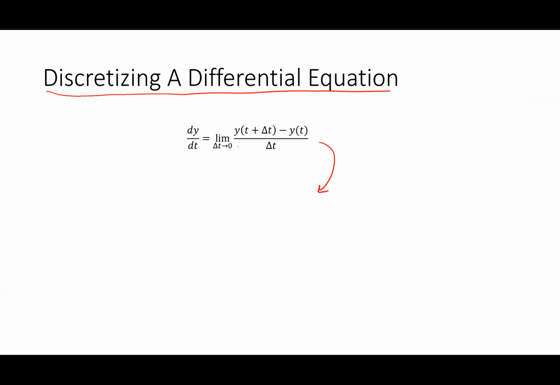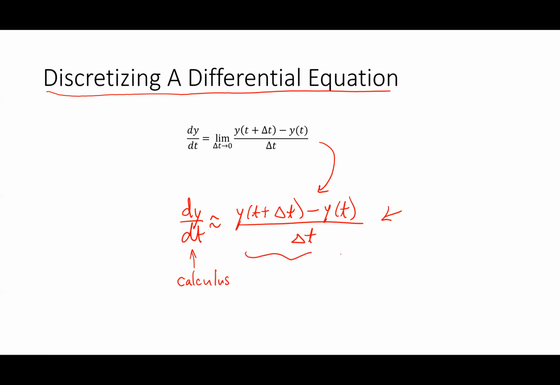I'm taking this guy and saying somehow that dy by dt can be approximated by this pretty simple piece of math that you learned in algebra. Because if I look at this, dy by dt, this side of the equation here is calculus.